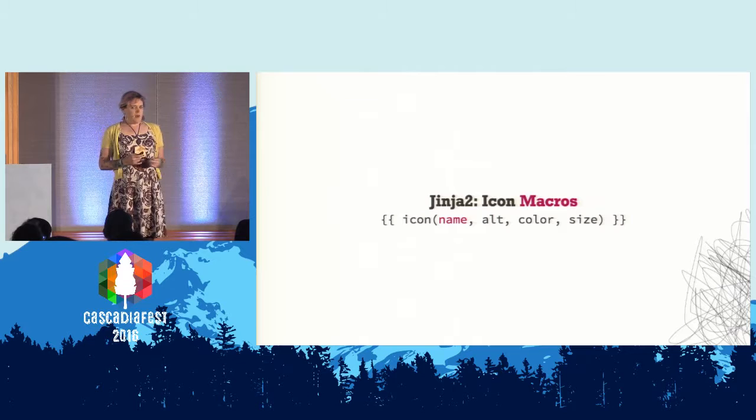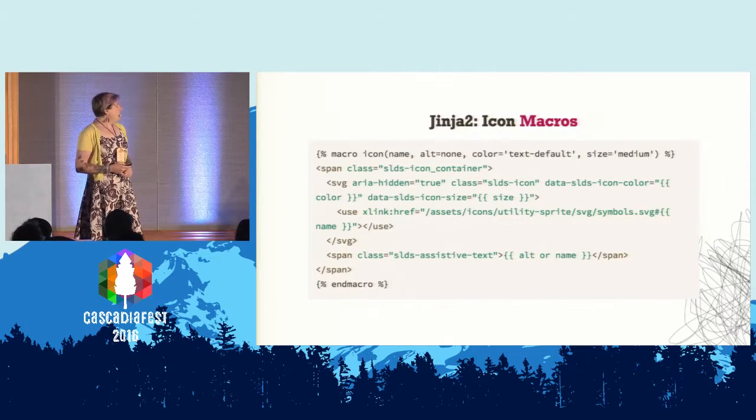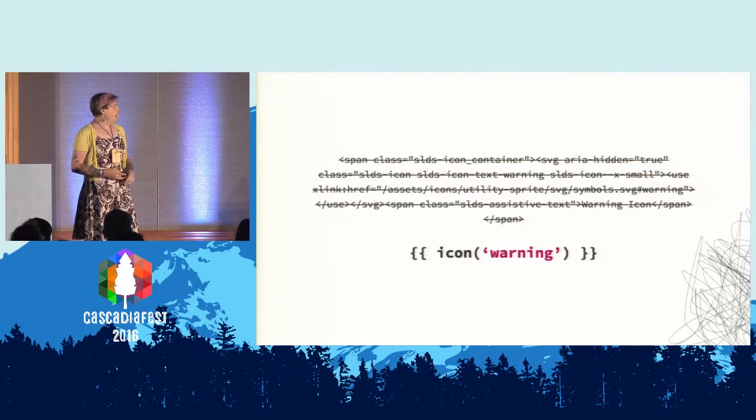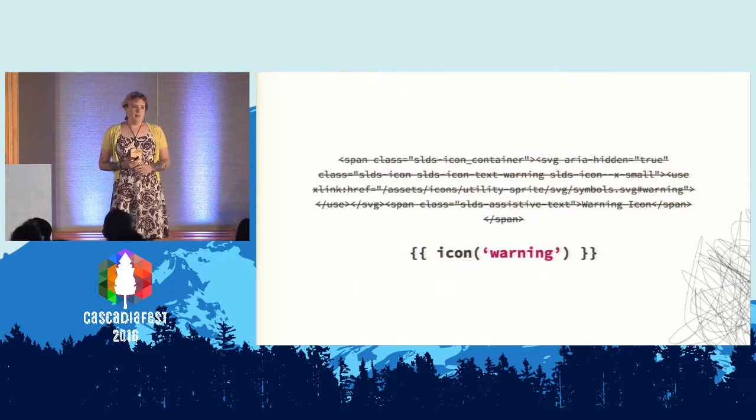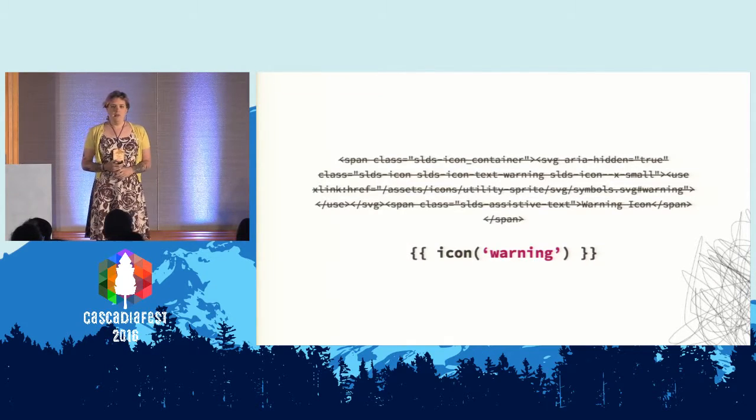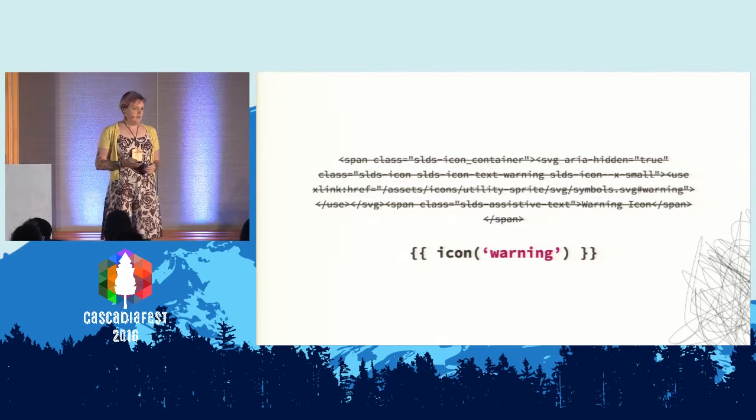And then I would build a macro. So here's a macro. Define it. Give it some arguments. It takes a name and then possibly an alt and a color and a size. And then the template knows how to generate that. And we get, instead of the pattern being all of that code copied and pasted, the pattern is one macro that you call with a few arguments.